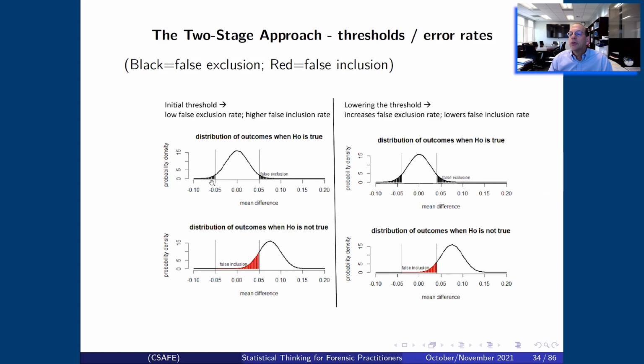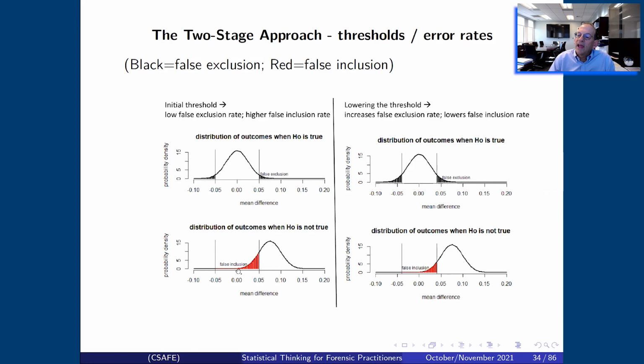And I have this threshold, the measurements marked in black are false exclusions for that threshold. And the red corresponds to when I have different sources, I expect to see a non-zero difference.